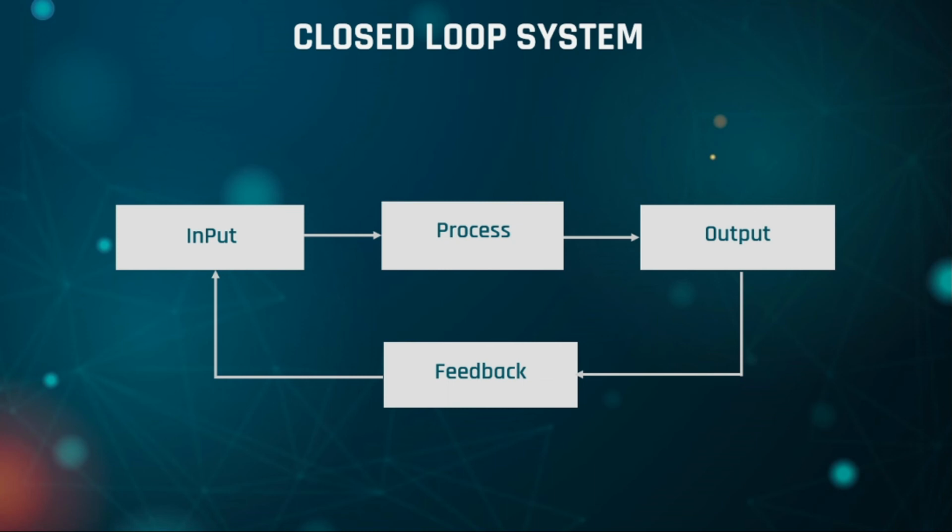So if it continuously monitors the presence and the activity of a human being in a room, and based upon that changes its temperature and the energy supplied to my compressor, then it becomes a closed loop system.